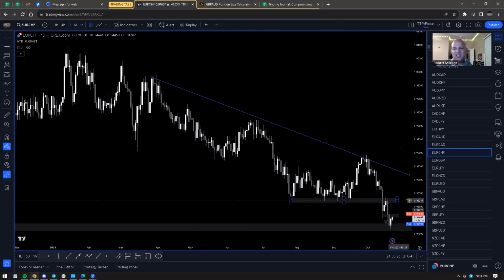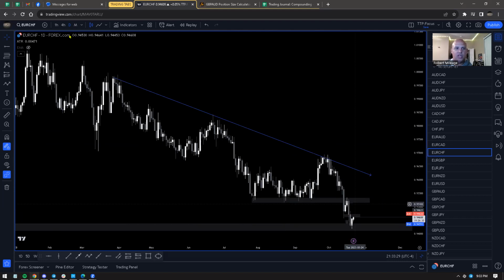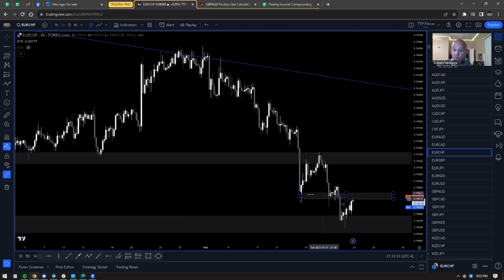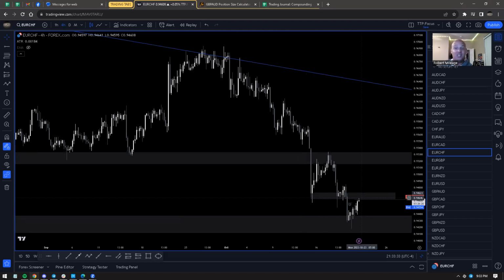In essence, I would like to see this come all the way back up here before retesting and coming down. But I am looking at this break and retest just because it is what it is. If it gives me an entry, I'll probably take it. If I don't feel comfortable enough with it, I'll probably lower my risk when I take it, but I'll take it nonetheless. Why? Because it sort of fits, and I want to see about getting in.